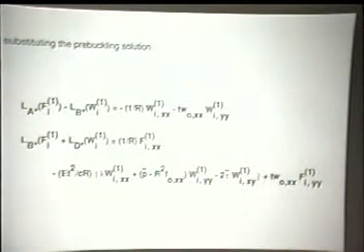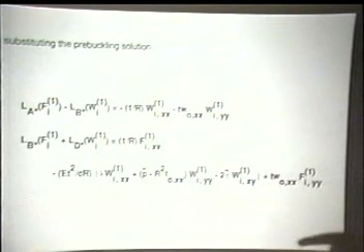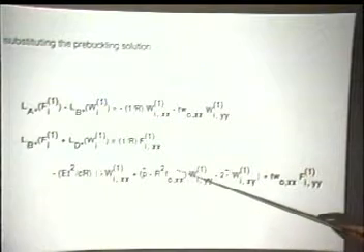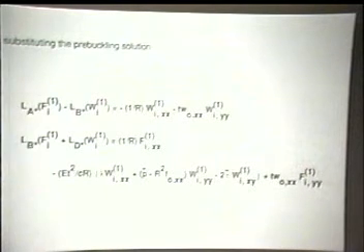Now, I indicate here how the solution proceeds if I am using rigorous pre-buckling. I substitute the pre-buckling solution, which is axisymmetric, and then I keep those terms as variable coefficients in my stability equation.